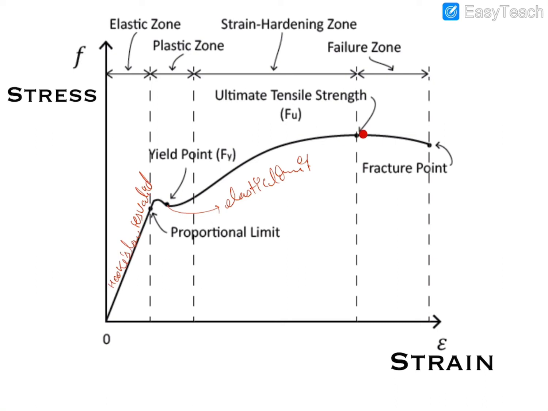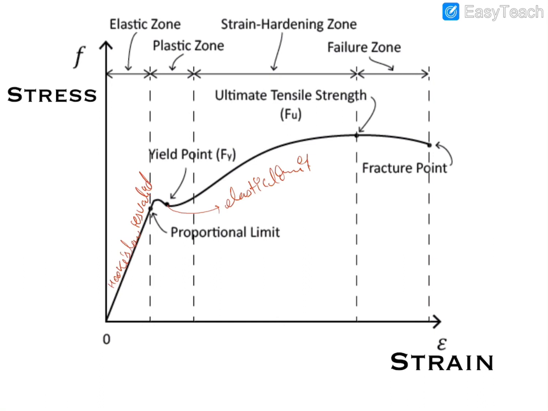So if this region is long, then that material is suitable to be molded into wires, and we call that material ductile material, because you can see that if this region is long enough, then it has a long region of plasticity.